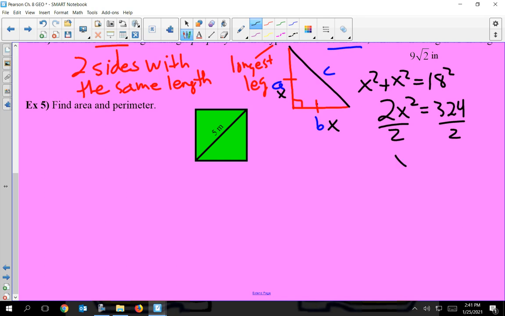And that's going to leave me with x squared equals 162. And then hopefully remember, because you have to do this a lot, take the square root to solve for x. And we'll round this to the nearest tenth. And I believe you get something close to about 12.7. Okay.